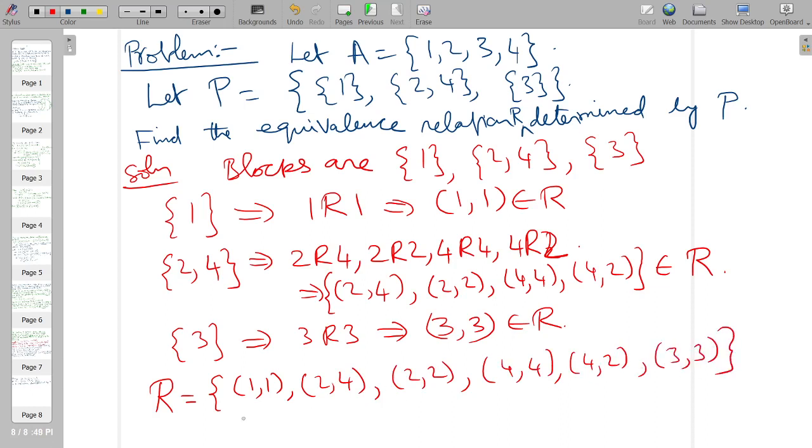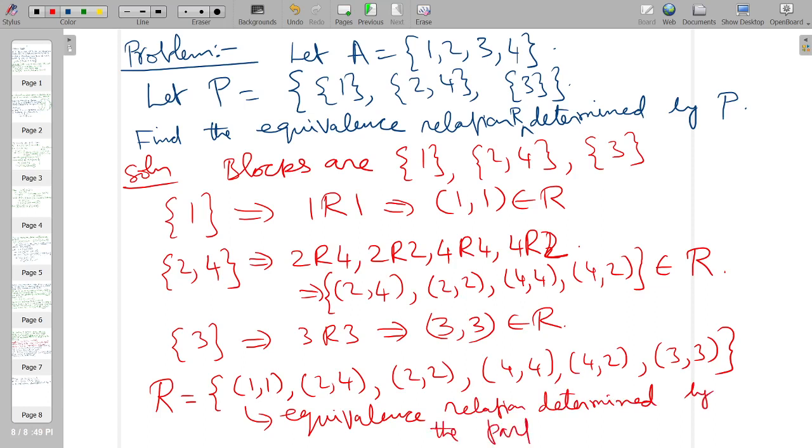So this will be the equivalence relation determined by the partition P. If the equivalence classes are known, you can find the relation. If the relation is known, you can determine the partition. So this will be problem number 1.